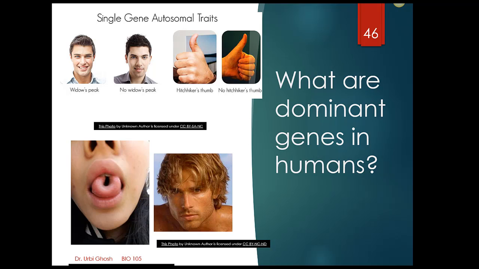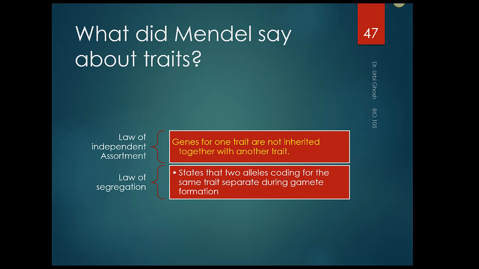Does the ability to roll your tongue make you fit for survival? No, not really. One common misconception is that dominant traits are more favorable from an evolutionary point of view. Another is that dominant traits are more common, which we'll get to in a moment.